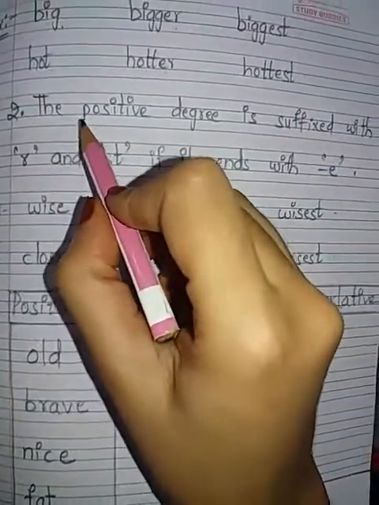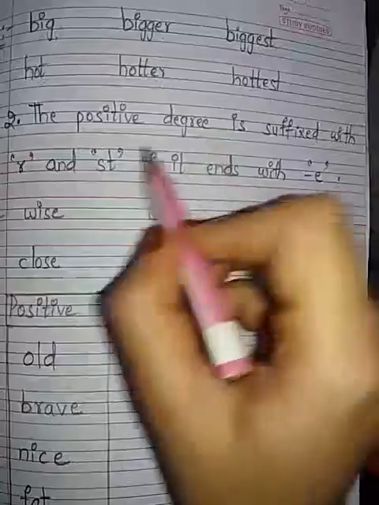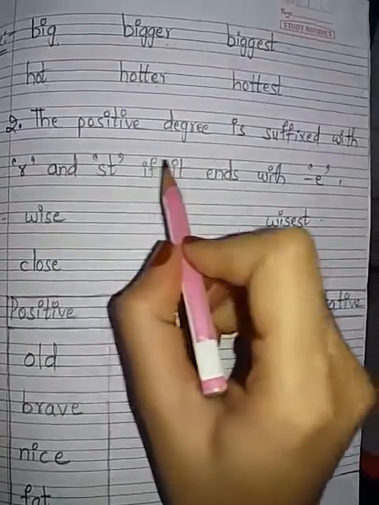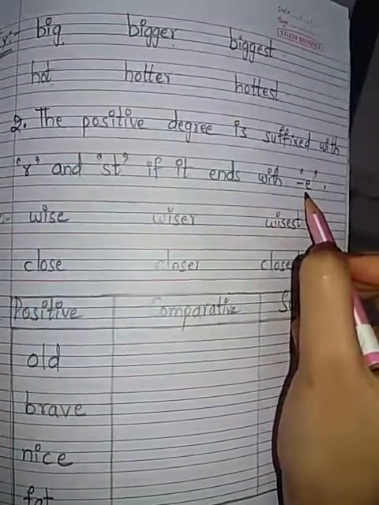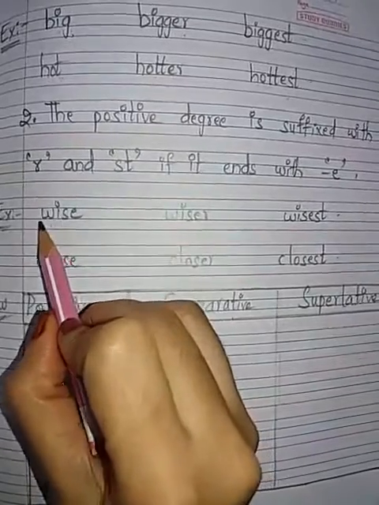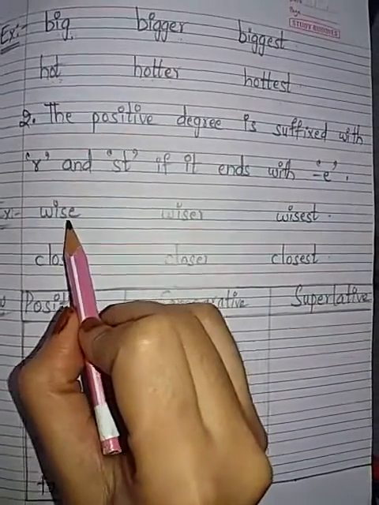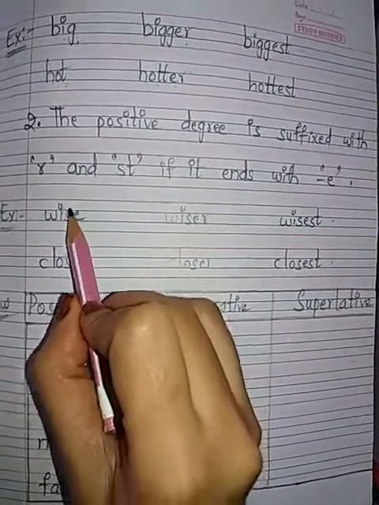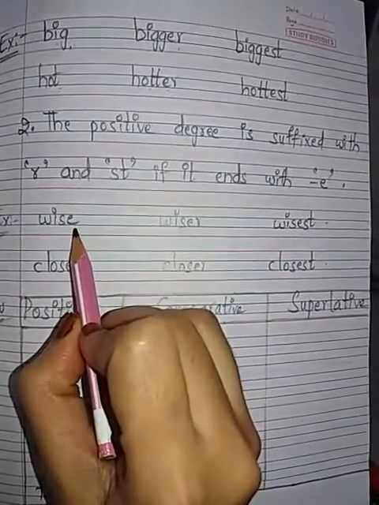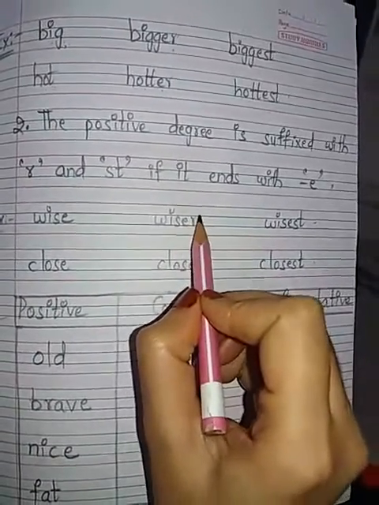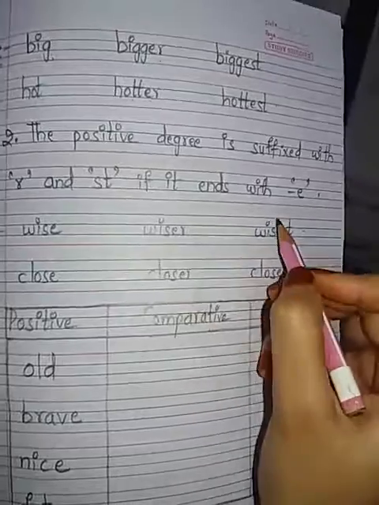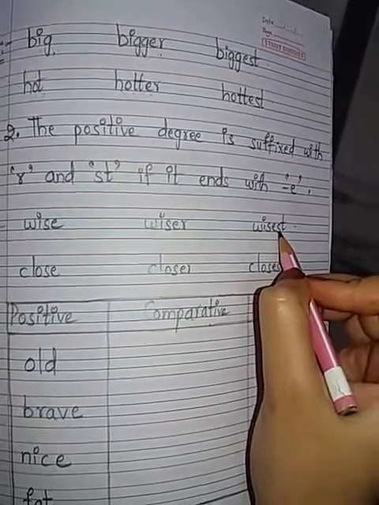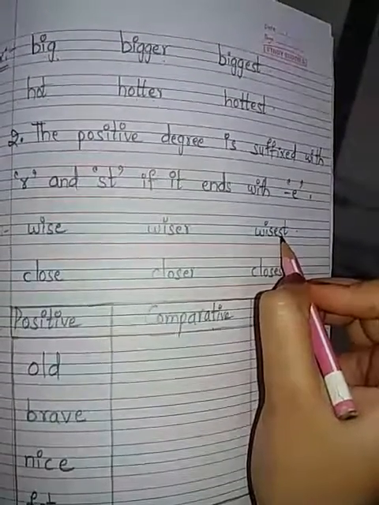And rule 2 is the positive degree is suffixed with r or st if it ends with e. For example, wise, W-I-S-E, wise. Here this word is ending with e. Right? So what you have to do? You have to just add r in the comparative degree column and st to the superlative degree column.